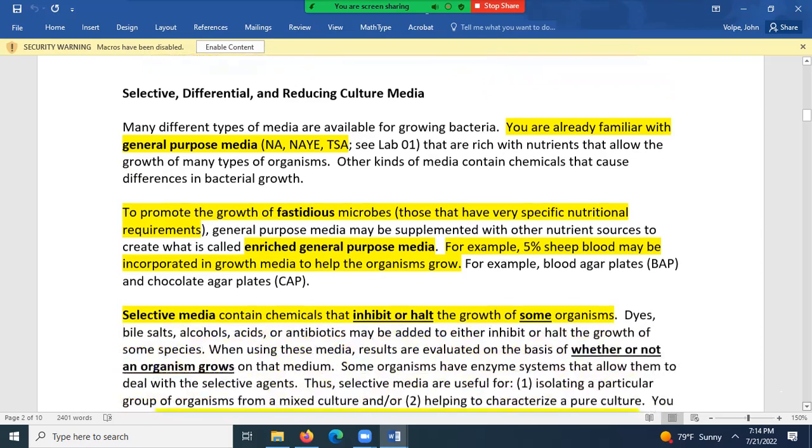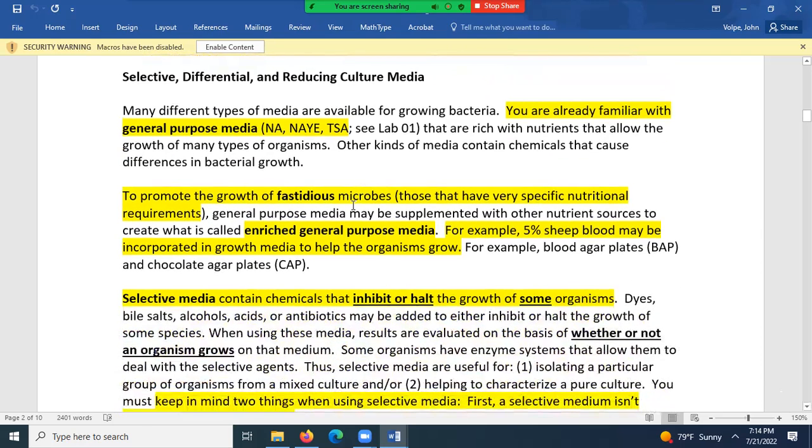They do not work, general purpose media, for fastidious microbes, organisms that have specific nutritional requirements. And you have to put something in the media before the bacteria could grow. We could put blood in the general purpose media, in which case we call it an enriched general purpose media, where we add 5% sheep's red blood cells to the media to help organisms grow.